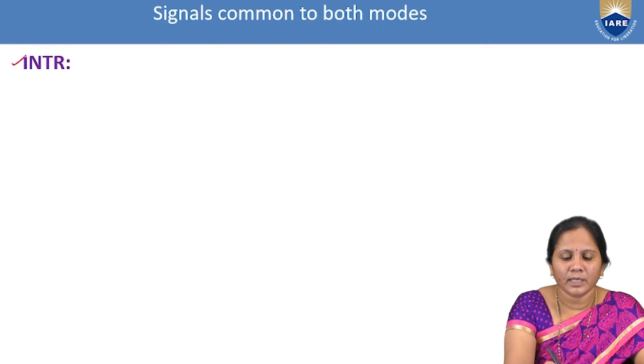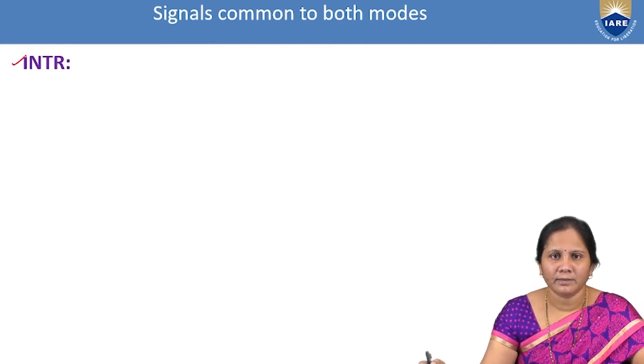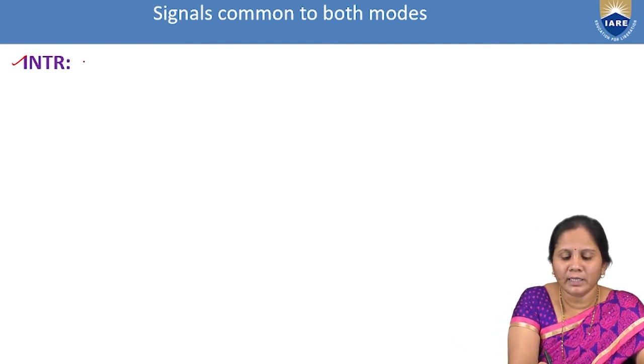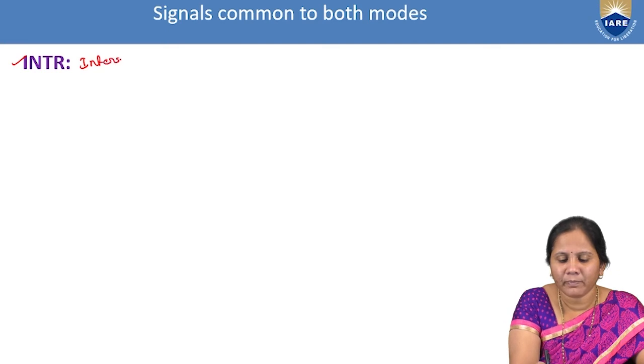The next common signal is INTR. INTR is one of the interrupt signals available in the 8086 microprocessor. INTR represents interrupt request.